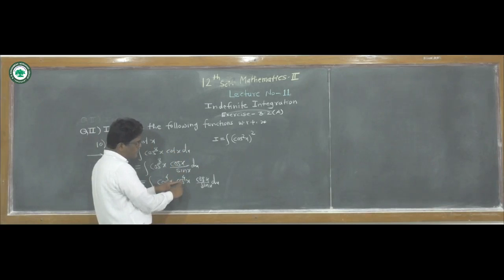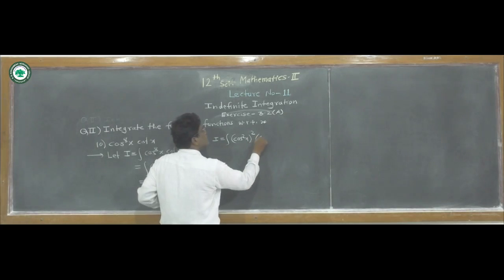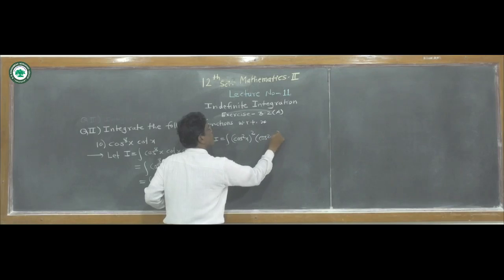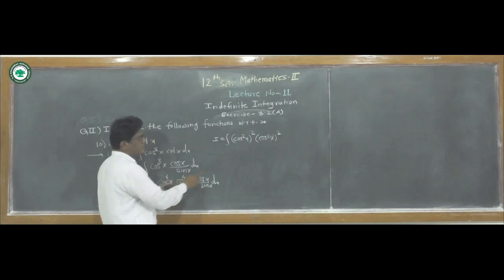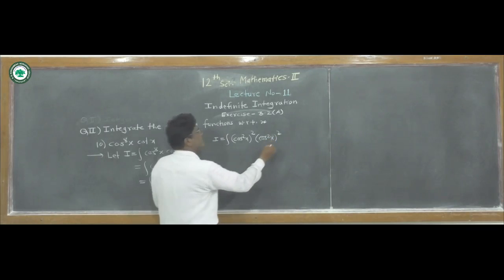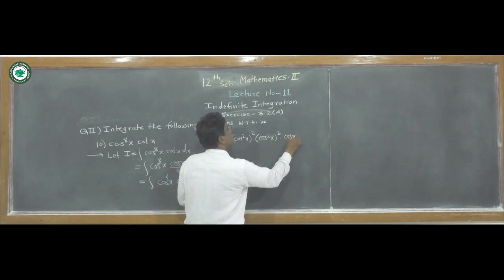Again here also cos^4 x we write as cos square x to the power 2. And here cos x upon sin x dx.